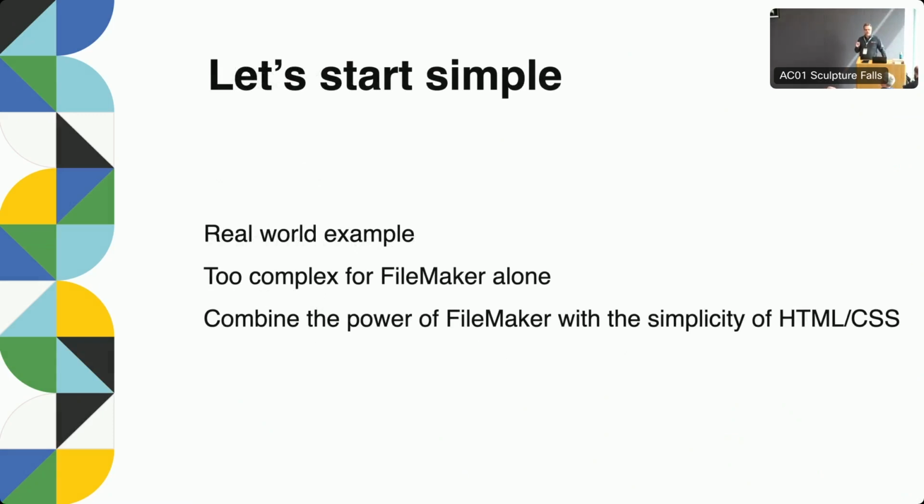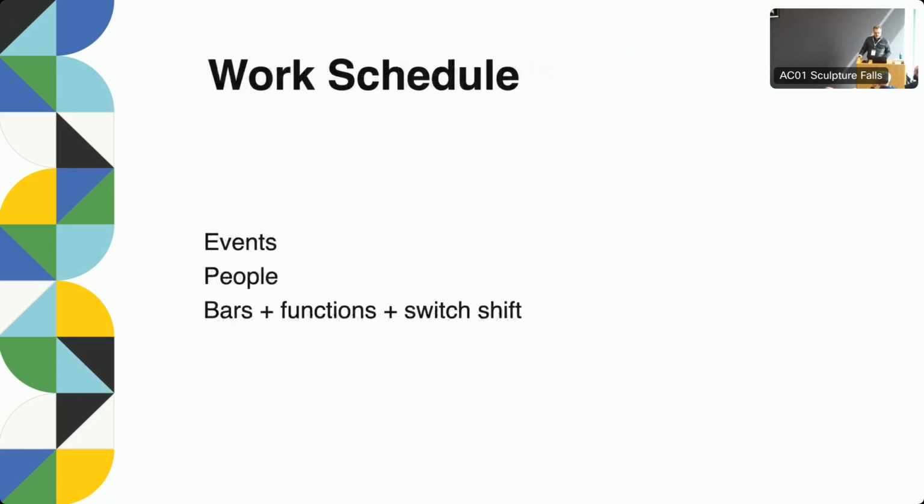It's a real-world example of a schedule that was too complex for FileMaker alone using a portal and conditional formatting. So we combined the power of FileMaker and the simplicity of HTML. It's a work schedule for a venue that hosts events.